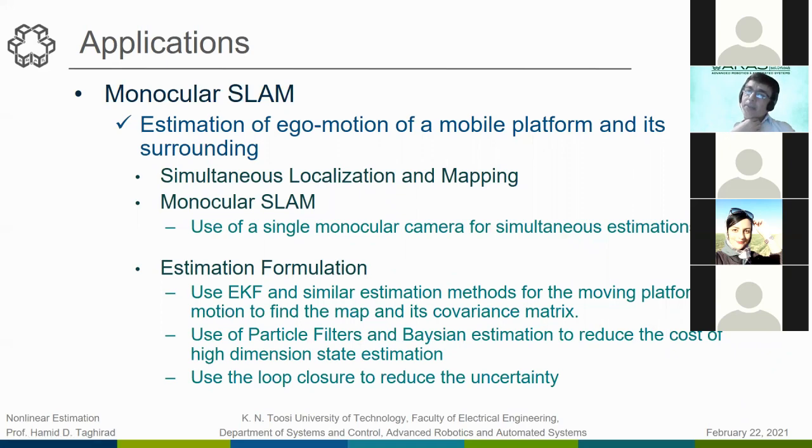The second application I chose is monocular SLAM. What is monocular SLAM? Monocular SLAM again uses one single camera, and we would like to have simultaneous localization and mapping. Let me introduce it in a very easy way.